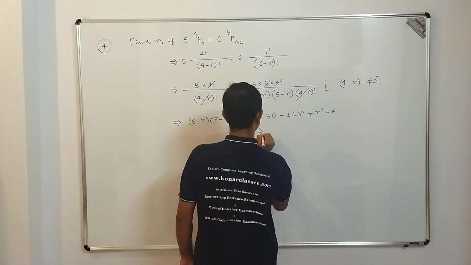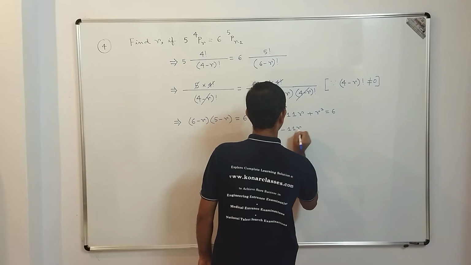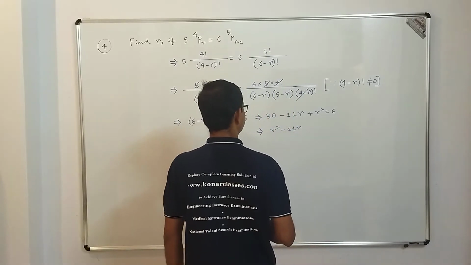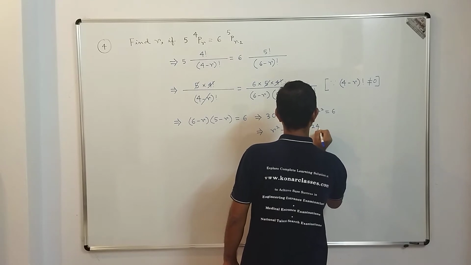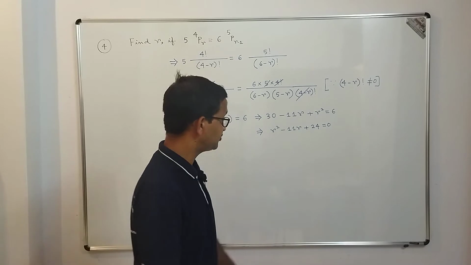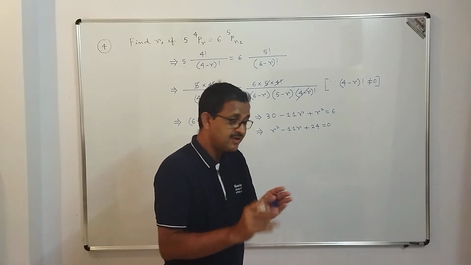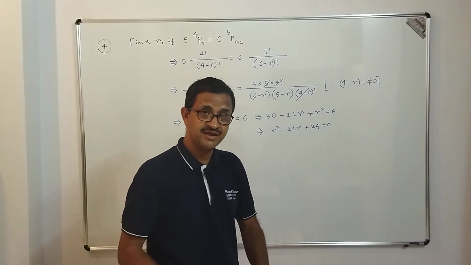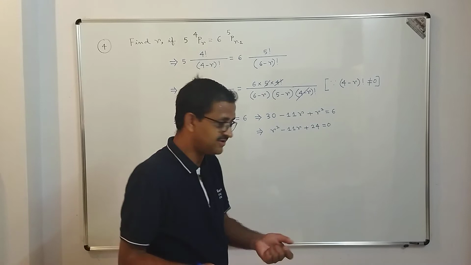That implies, dear students, r square minus 11r plus 24 is equal to 0. Now again it is coming in the middle term factorization. The 24 has to be broken into two factors whose sum should be equal to 11. What is that? 8 and 3. 8 into 3 is 24 and 8 plus 3 is 11.